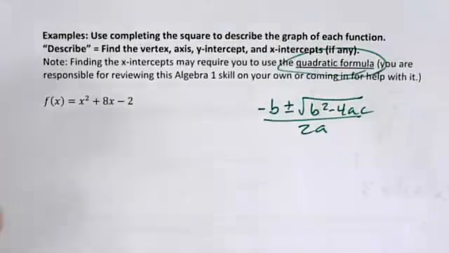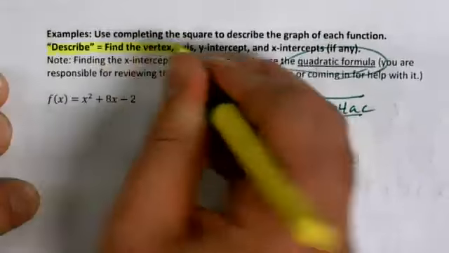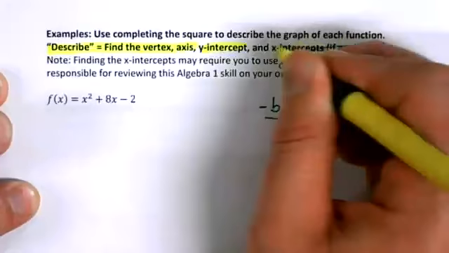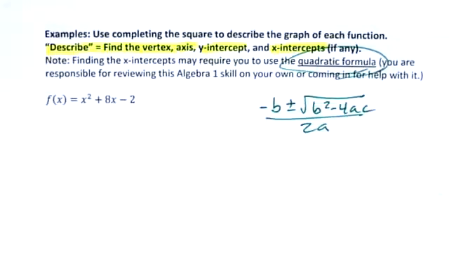So in your notes, it says describe, I need you to find vertex, axis, y-intercept, and x-intercepts. We're going to be using the quadratic formula to find the x-intercepts. But let's start with vertex and axis.